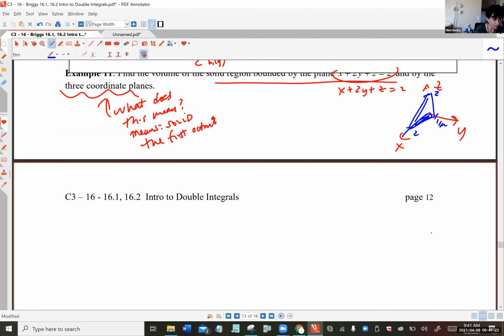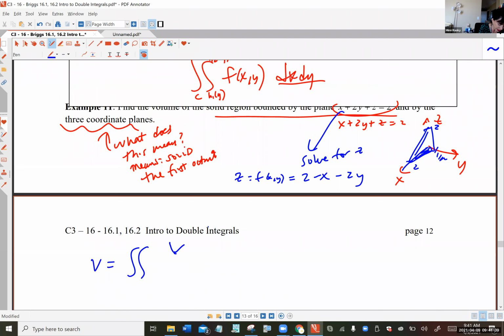So how do you set up the volume representing this solid? Well, volume equals the double integral. You first solve for z, because you need z equals f of x, y to be your integrand. When I solve for z, I get 2 minus x minus 2y. That goes into the integrand.